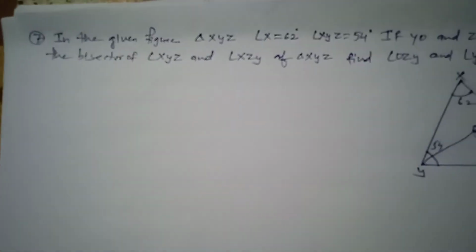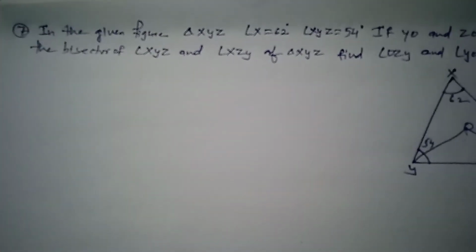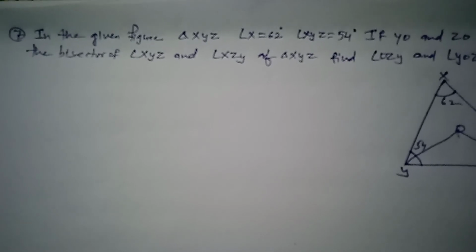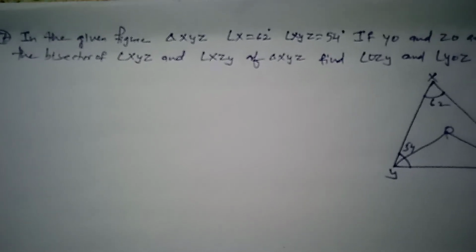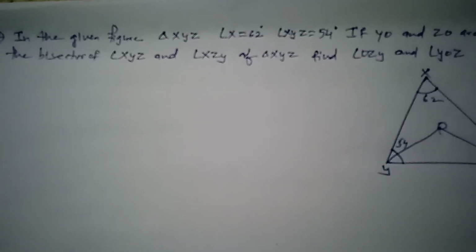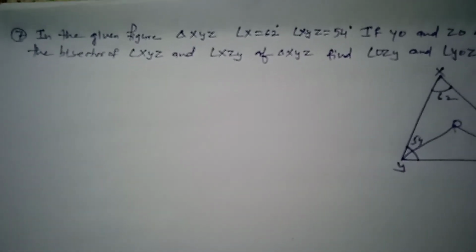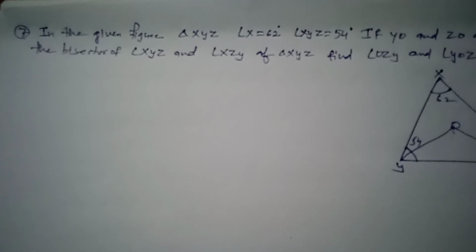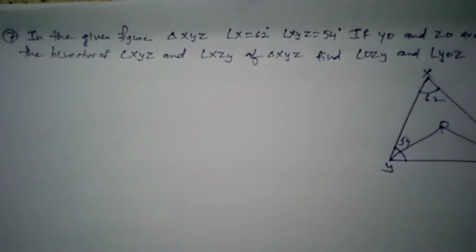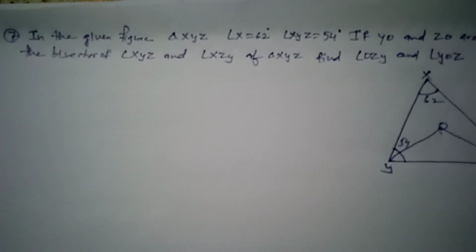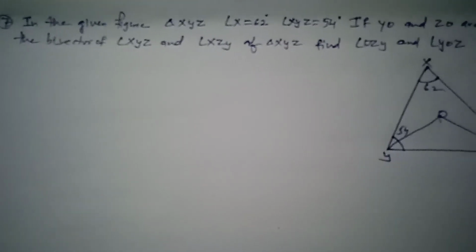In the given figure, XYZ, angle X equals 62, angle XYZ is equal to 54. If YO and ZO are the bisectors of angle XYZ and angle XZY of triangle XYZ, find angle OZY and angle YOZ.